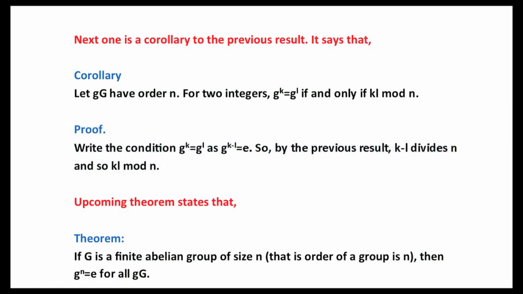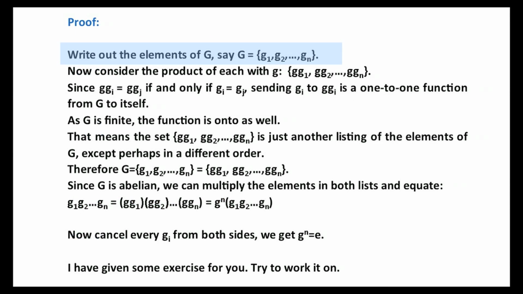The upcoming theorem states that if G is a finite abelian group of size n, that is, the order of the group is n, then g to the power n is equivalent to e for all g belonging to G. Proof: write out the elements of G. Say G is equal to g1, g2 and so on up to gn.